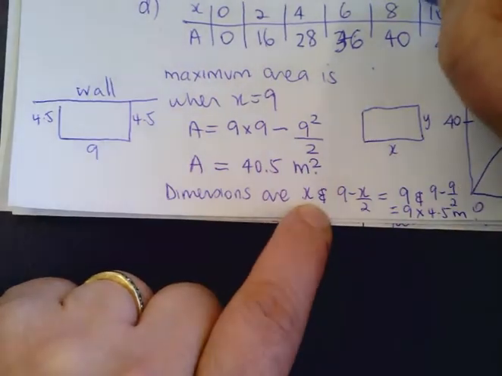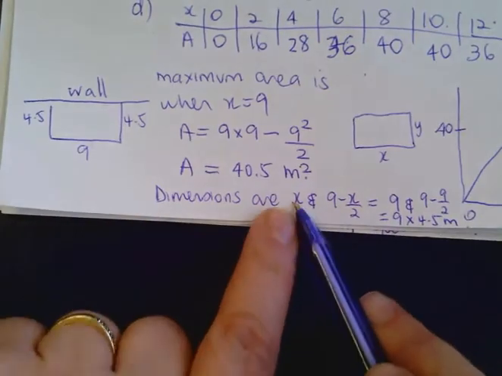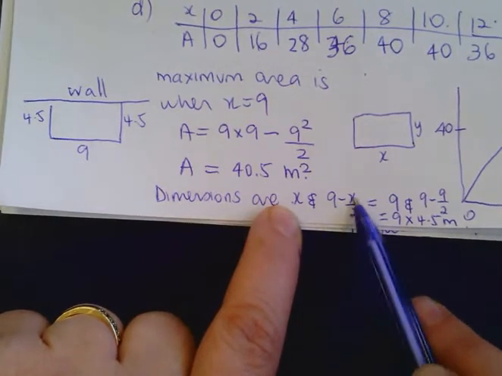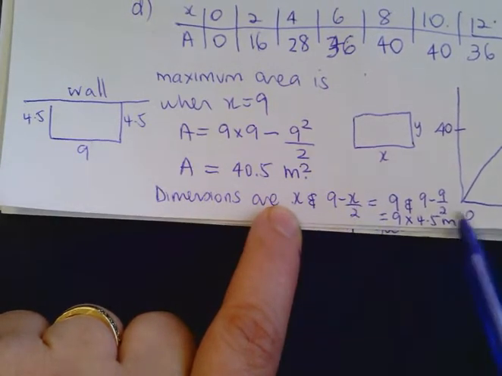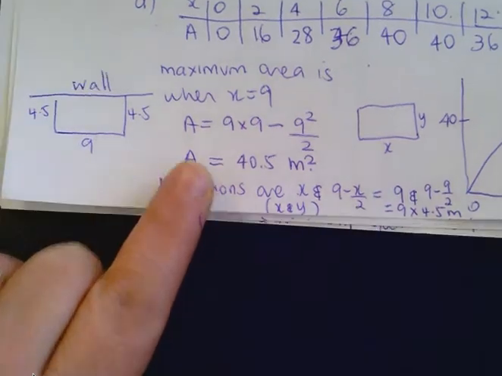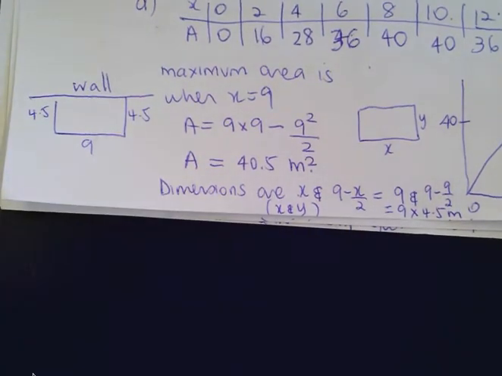We know it occurs when x is 9, so you put 9 here and 9 minus 9 on 2 for the y value. So it's 9 times 4.5, from part B.